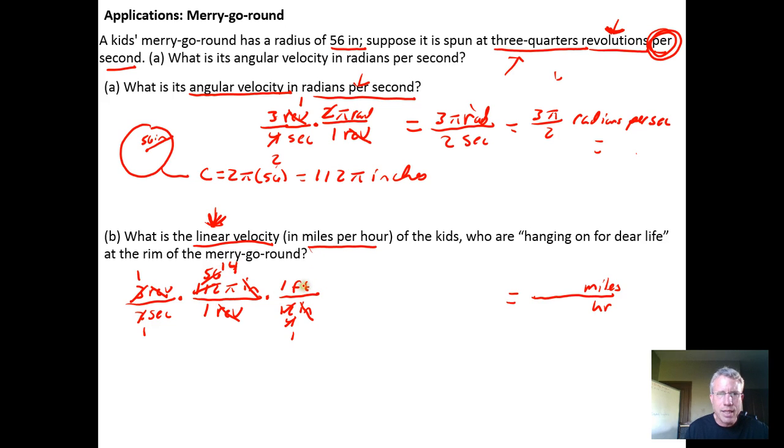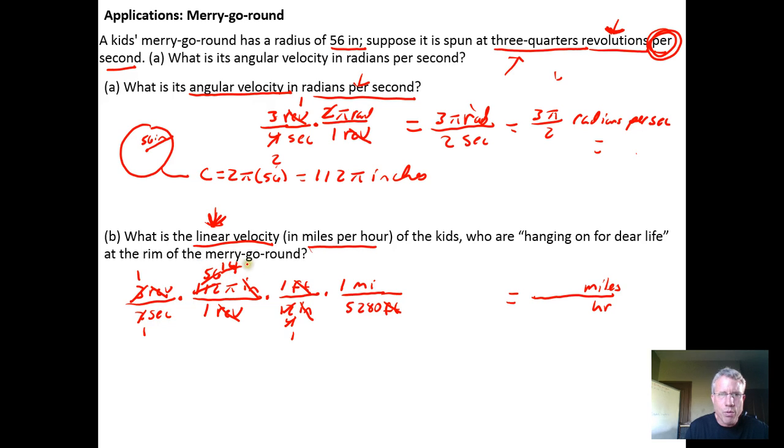So right now I have a linear speed in feet per second, but I need miles, so I need to convert from a foot world to a mile world. And so I know that there is 1 mile for every 5,280 feet. And now feet divided by feet is 1. Now I have a speed in miles per second. And it looks like some canceling can happen.